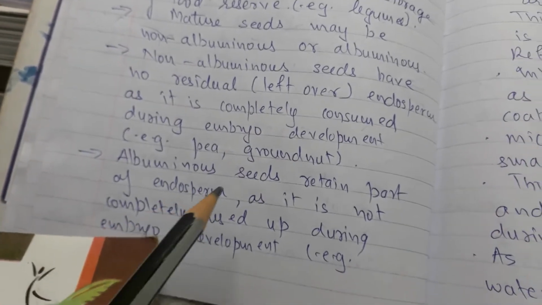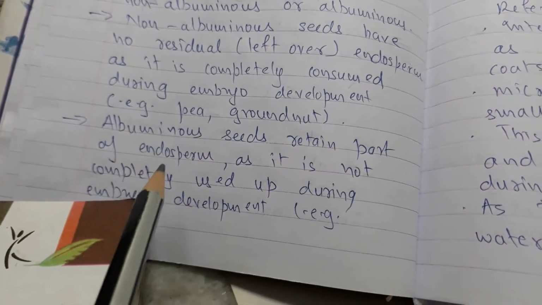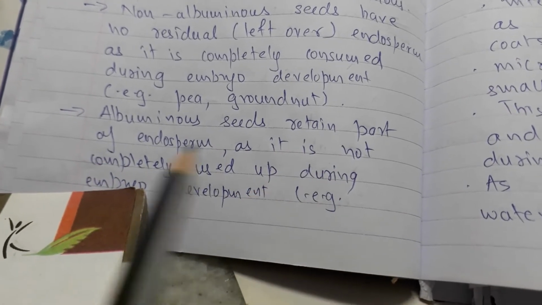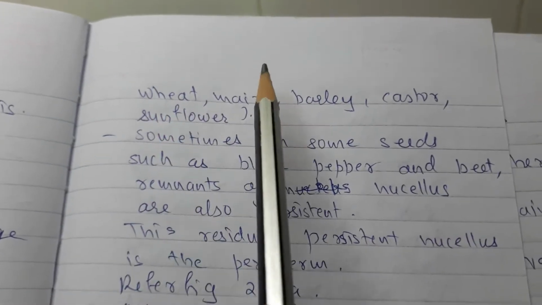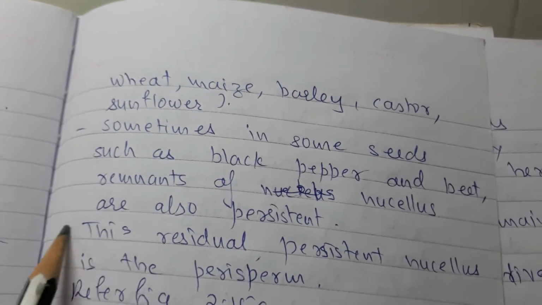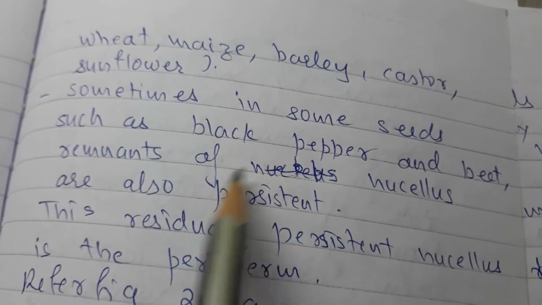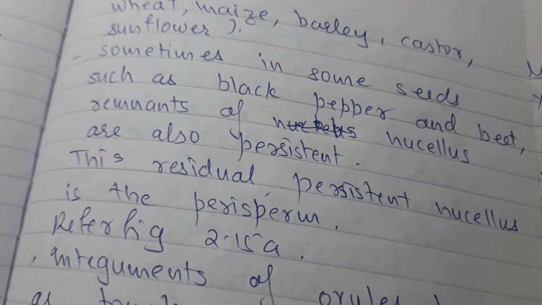Now, albuminous seeds save a part of the endosperm, as it is not completely used up during embryo development. What is the example? Wheat, maize, barley, castor. Correct? Sometimes in some seeds such as black pepper, mirchi, and beet, remnants of nucellus are also persistent.